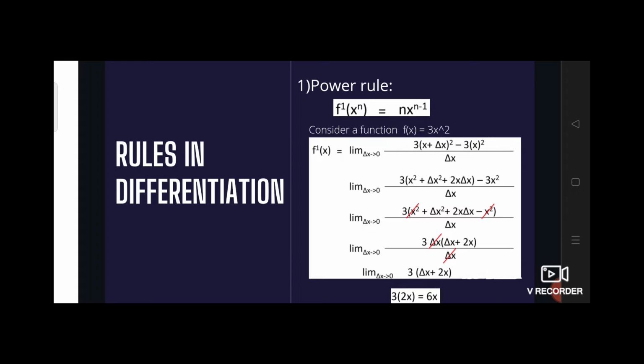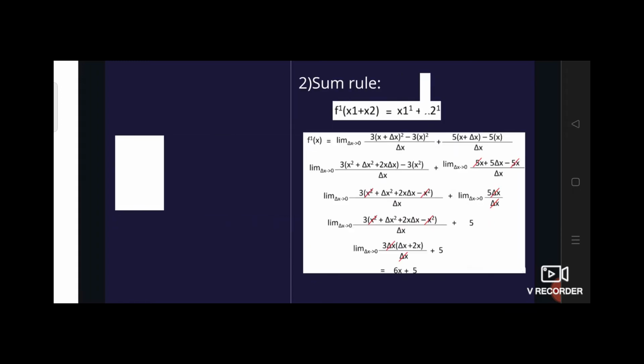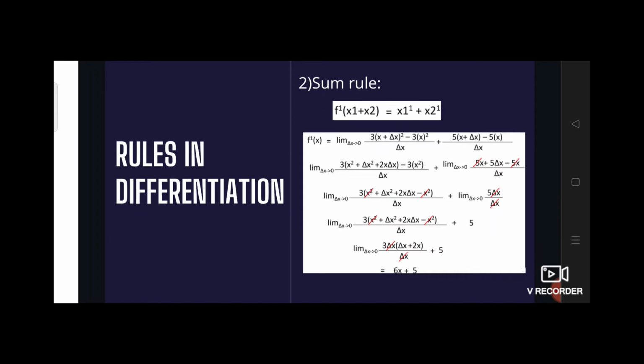Then coming to the next rule, we have the sum rule. It says that the derivative of the sum of two functions is the sum of the individual derivatives, which can also be proved similarly by substituting and evaluating the expression. We can see in the same function 3x square, we have substituted and then obtained the value 6x plus 5.